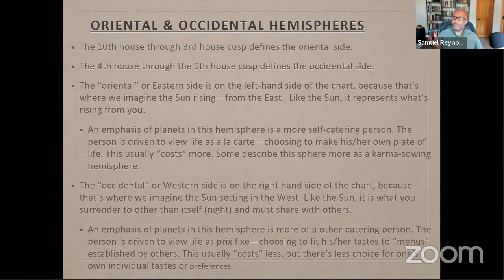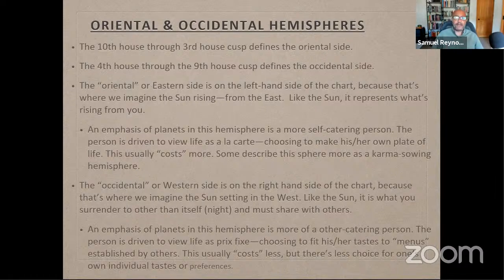I know my Taurus sister Stormy can probably relate: there's a la carte, where you can choose to make up your own plate, which usually costs more if you like going to restaurants as I do. If you want to pick and choose how you assemble your meal, it's likely going to cost you more.